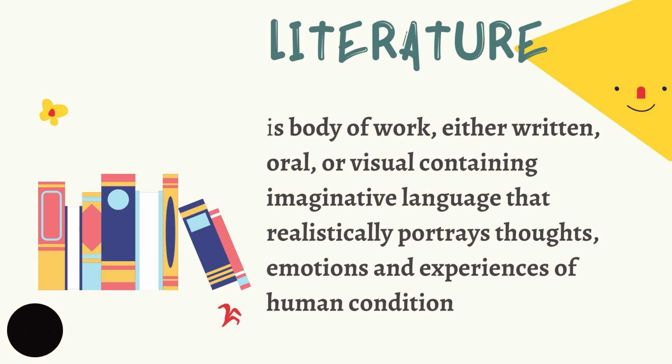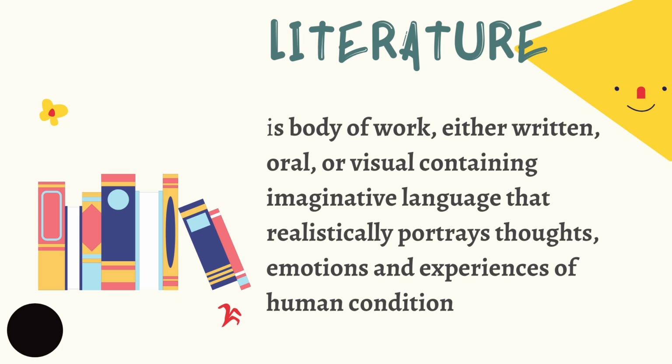It says here it's a body of work, either written, oral, or visual, containing imaginative language that realistically portrays thoughts, emotions, and experiences of human condition. Usually, we are confined with the definition that literature is written, when in fact, it's also oral and visual.